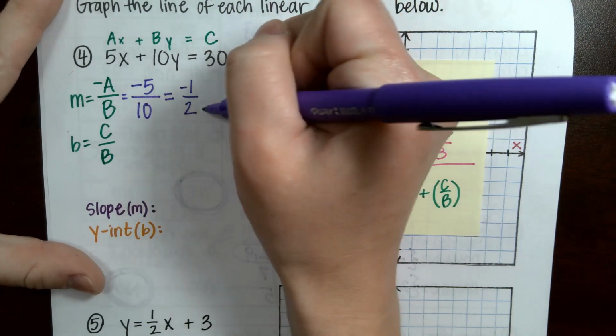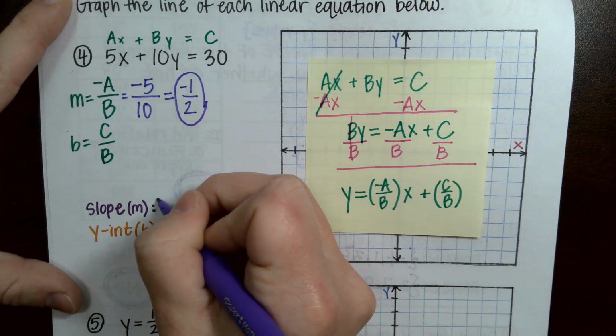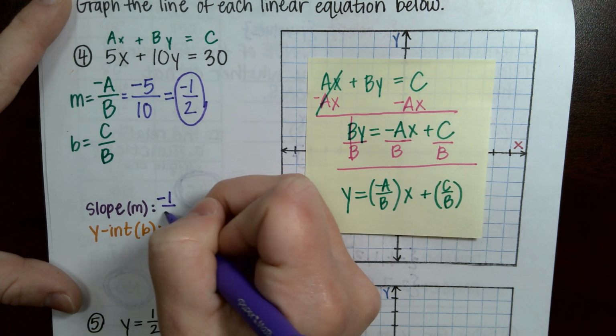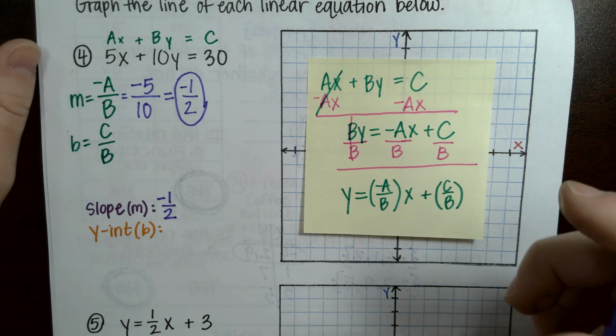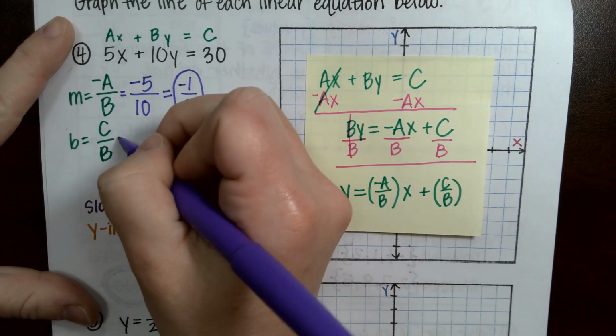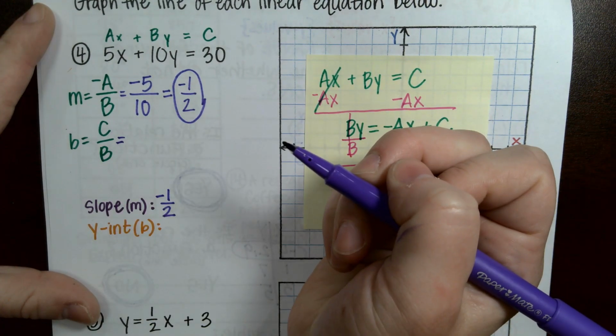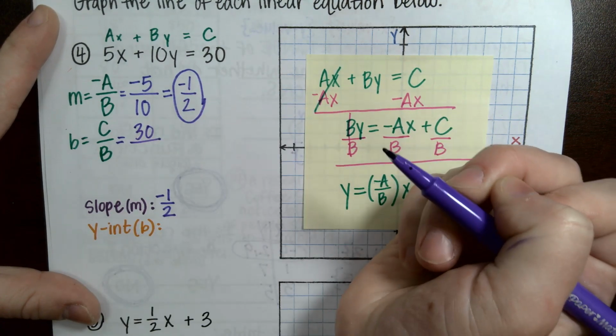So I've got a slope. Here we go. Let's write that down here. My slope is -1 over 2. And let's find our y-intercept next. What's my c? 30. Good. And what's my b? 10.